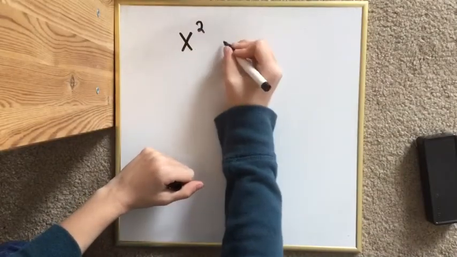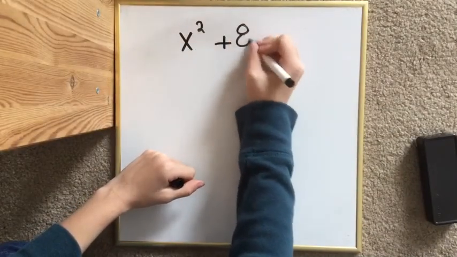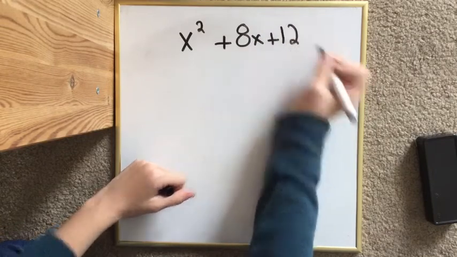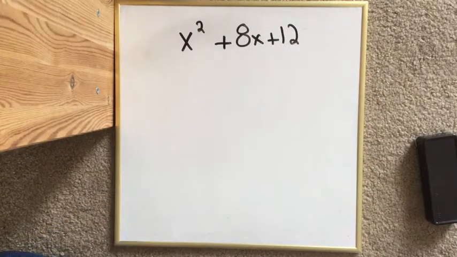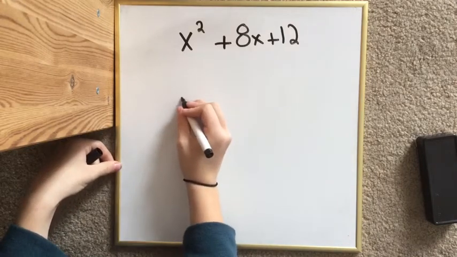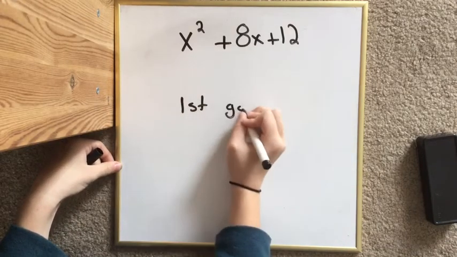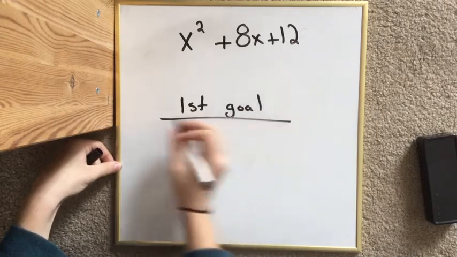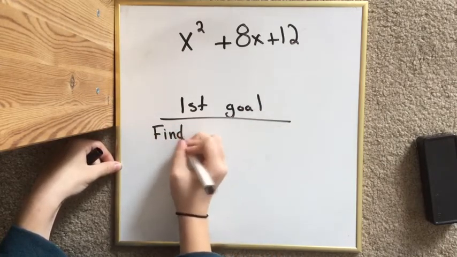Okay, so what if we have x squared plus 8x plus 12? That's something that we factor. It always has an x squared, a something and an x, and then a number at the end. So our first step here, we have to find two numbers.